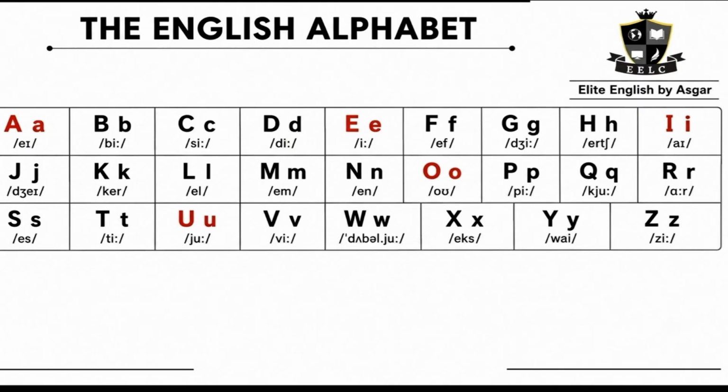So yeah, A, B, C, D, E, F, G, H, I, J, K, L, M, N, O, P, Q, R, S, T, U, V, W, X, Y, Z. Well, so these are the correct pronunciations of the letters.